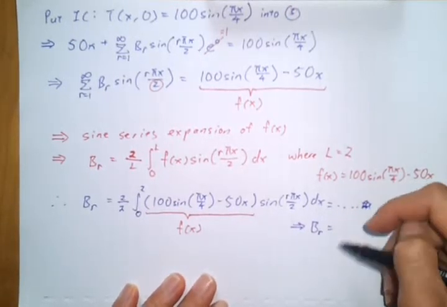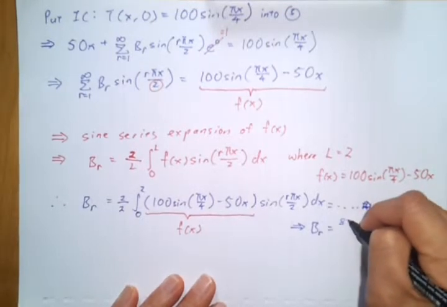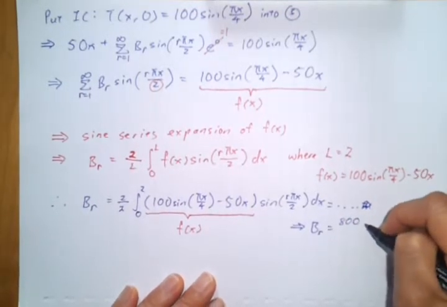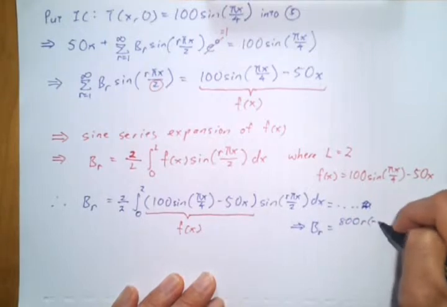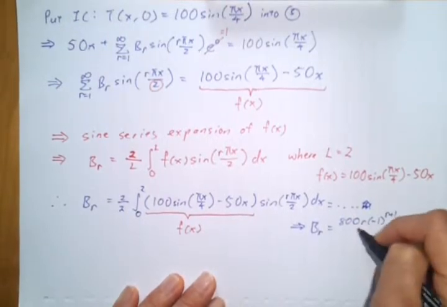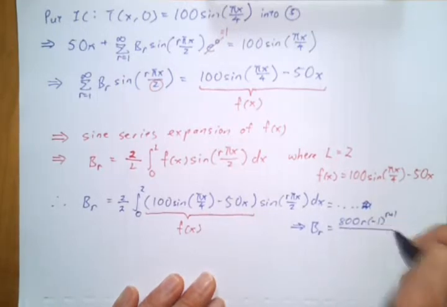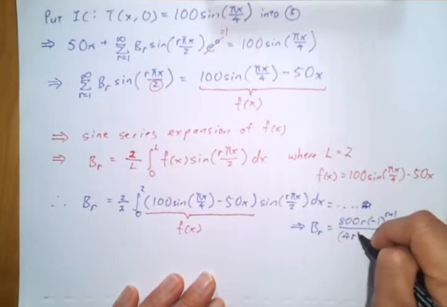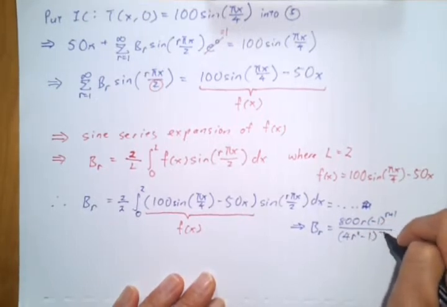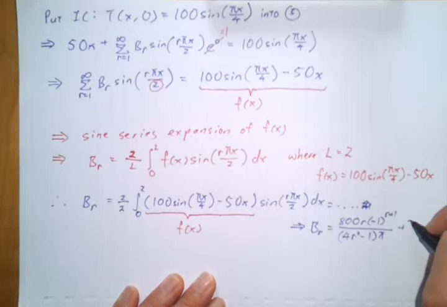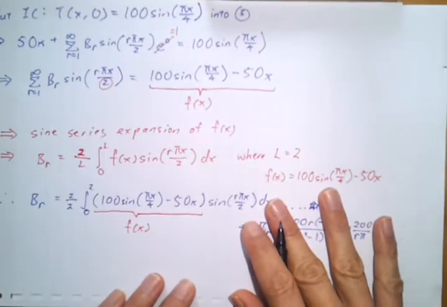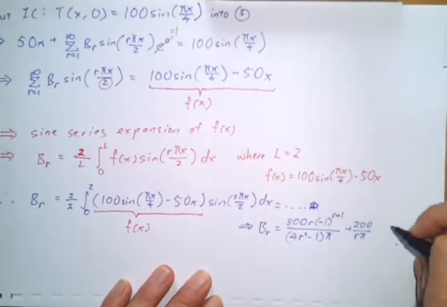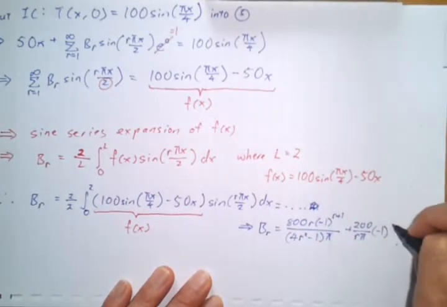So you do all the working, you find BR is 800 times r times minus 1 to the power of r plus 1 over 4r squared minus 1 pi, plus 200 over r pi, times minus 1 to the power of r.